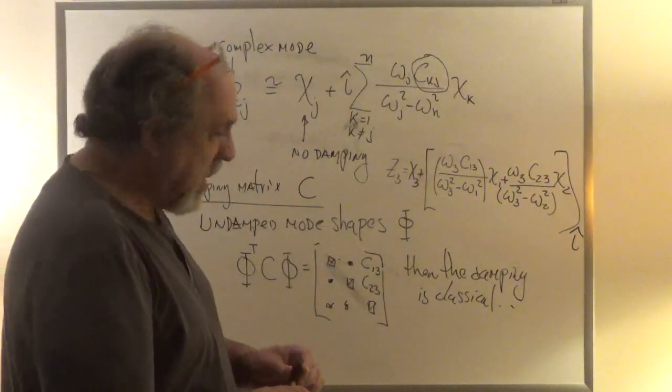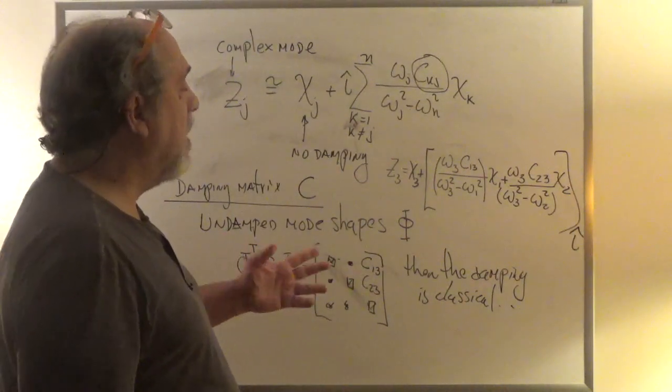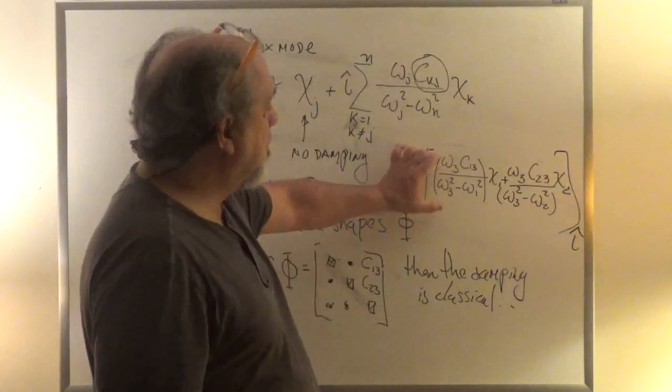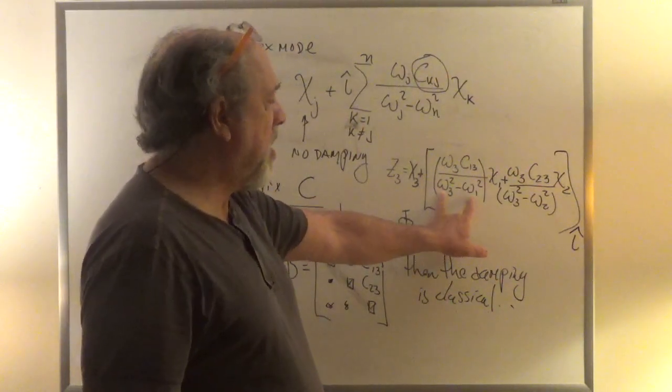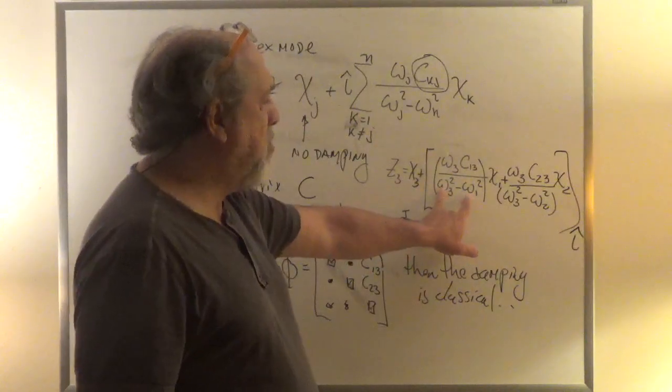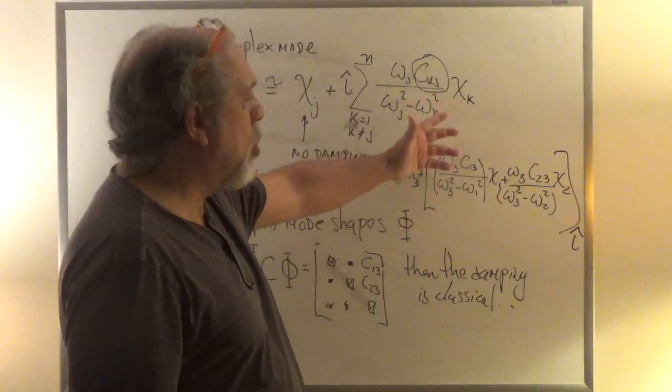The bottom line, or at least the point I've been trying to hopefully make halfway clear, is that these terms are not very important if omega 3 is much bigger than omega 1. That denominator is big, C13 tends to be small, so it is just not very important.